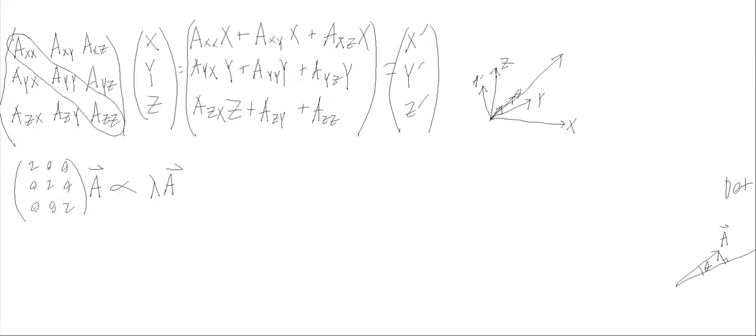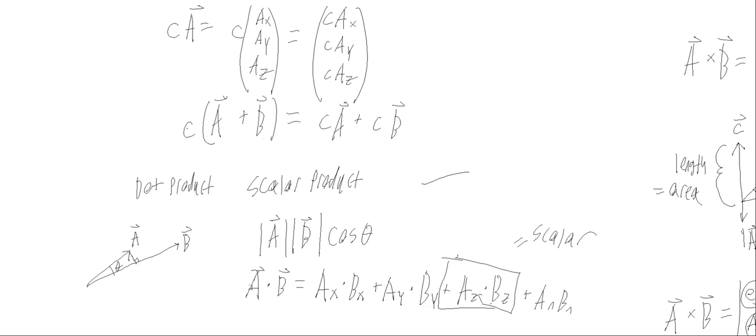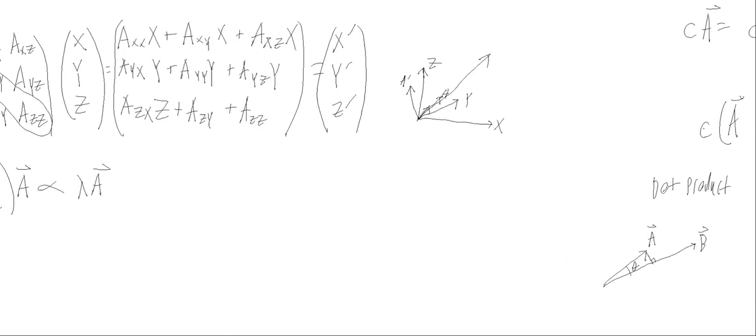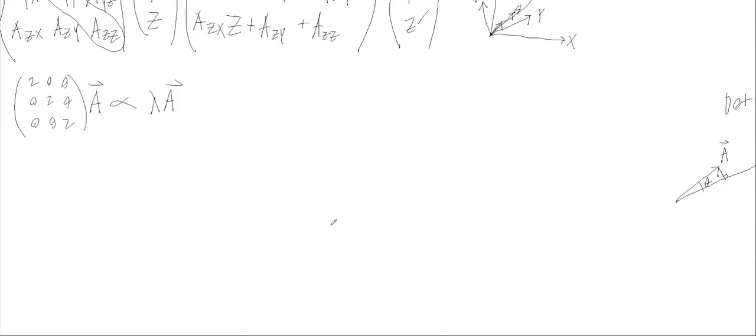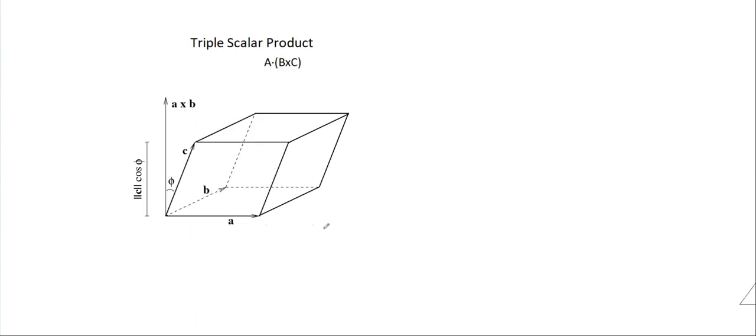And so you might then be asking yourself, so if we have this scalar product, the dot product, and this vector product, which is the cross product, can we combine these things together? And the answer is yes. There is something called the triple scalar product, where you first take the cross product, and then this would give you some vector.